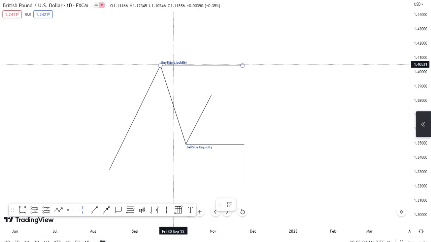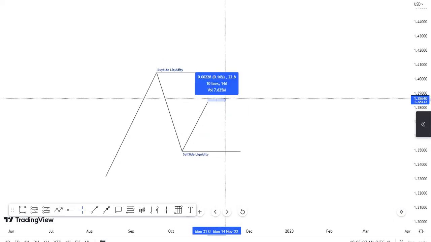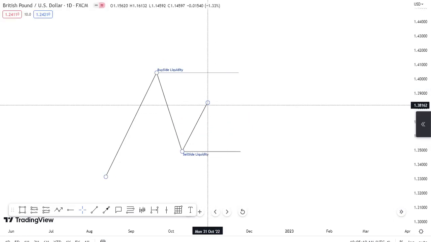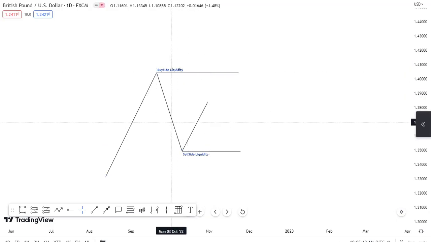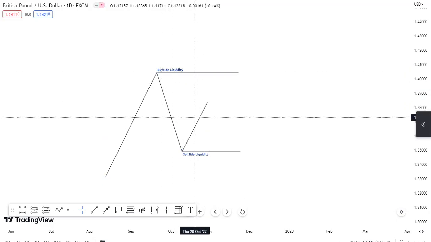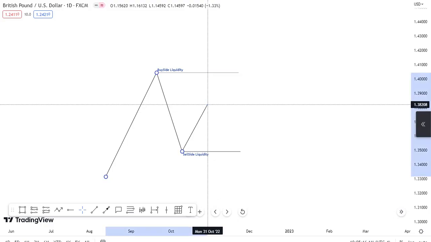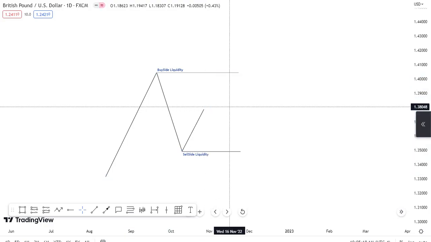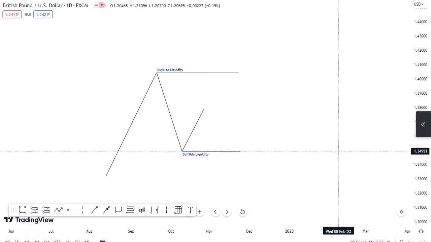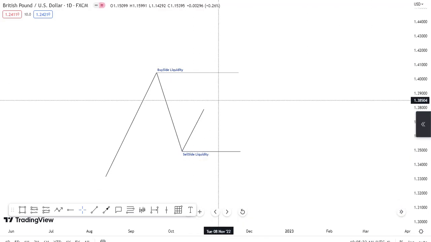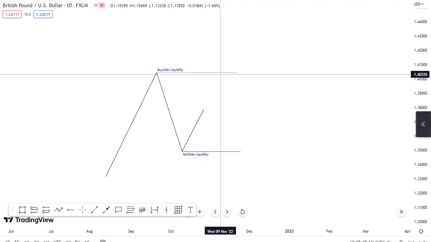It's basically targeting these two zones, but the most fundamental part is that we do not consider a zone as buy side or sell side liquidity until price revisits it and reacts off it.